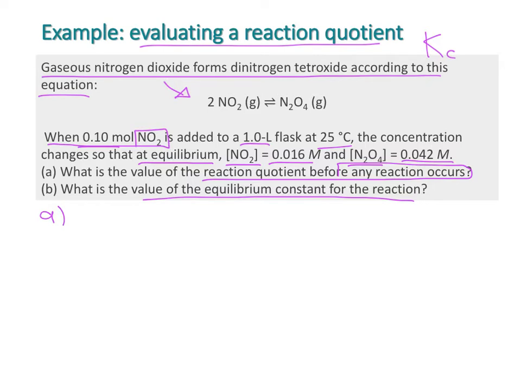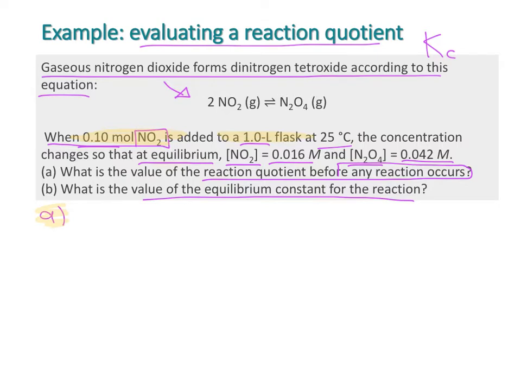So in yellow, I'm going to highlight what is relevant to A. So if we read this problem again, when 0.1 mole of NO2 is added to a 1 liter flask, that's telling you I'm taking this NO2 gas and adding it into this 1 liter flask. So this is what you're starting off with at the very beginning before the reaction even occurs.